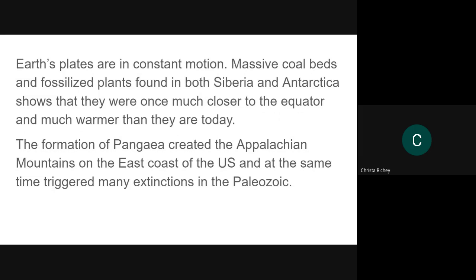Specifically in Antarctica, there are fossilized Glossopteris ferns. That was one of the big changes in the Devonian, those seeded ferns. The coal beds in Siberia, when we had the rifting that happened with Pangea, that's one of the reasons why the Siberian traps went just crazy.